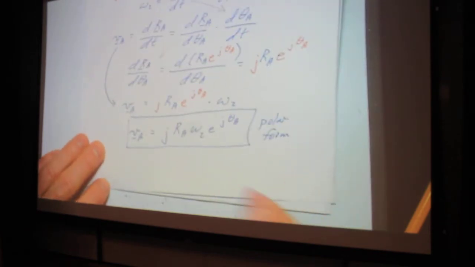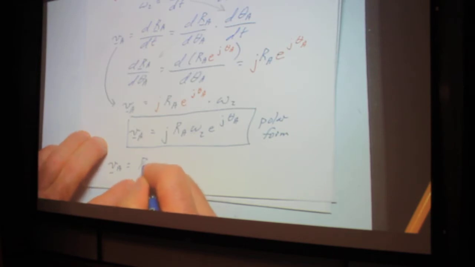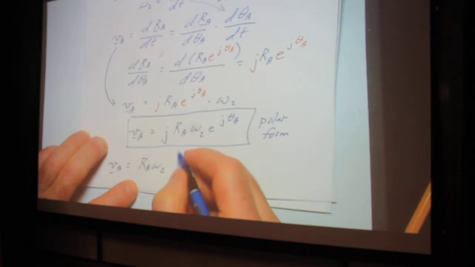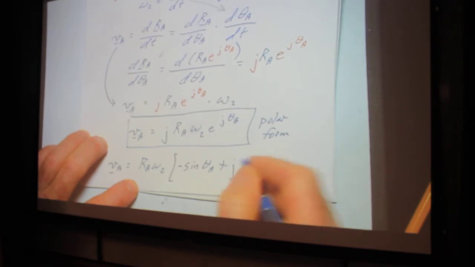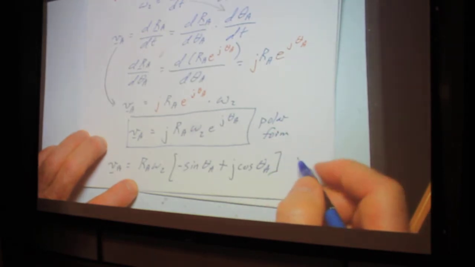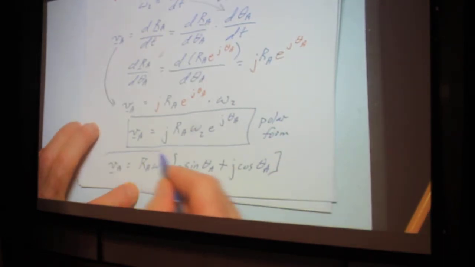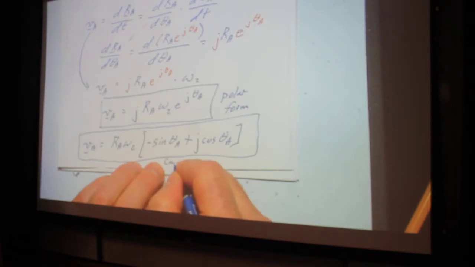And the Cartesian form is the velocity of A equals RA omega 2 times minus sine theta A plus j cosine theta A. So that right there is the Cartesian.